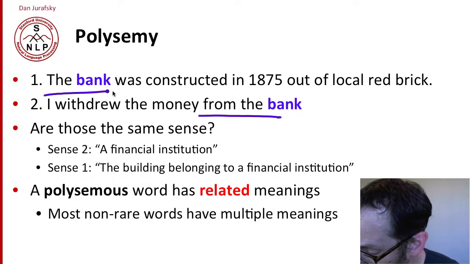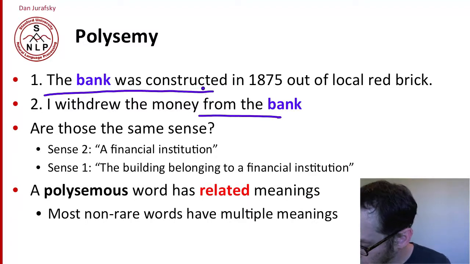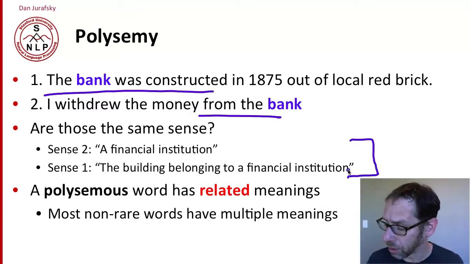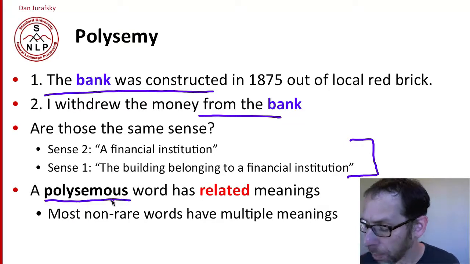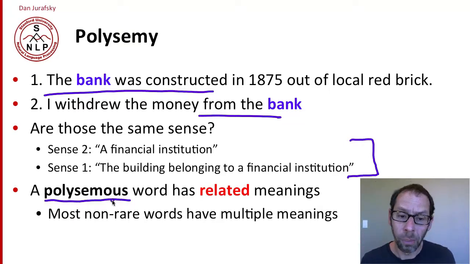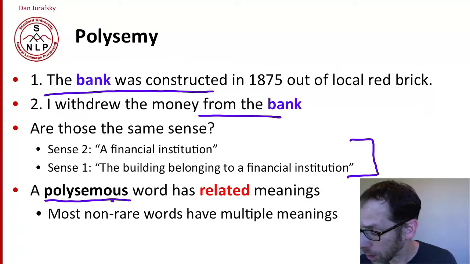So here, when I say this bank was constructed, I really mean the building associated with the bank. So these two senses, the financial institution and the building belonging to the financial institution, are related. So when the two senses of a homonymous word are related, we call the word polysemous. So a polysemous word has multiple related meanings. And most non-rare words have multiple meanings, and so polysemy is quite common.